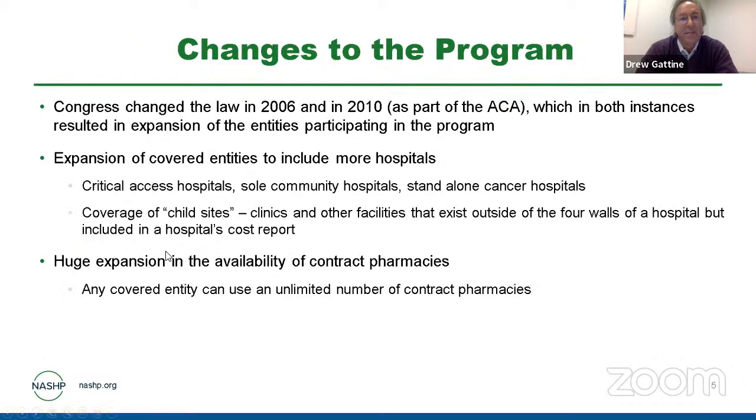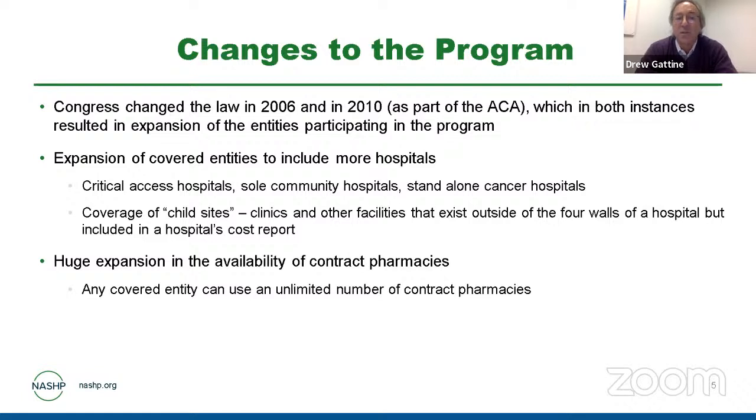Next one, please. So the program changed a couple of times, at least in 2006 and as part of the ACA in 2010. And in both instances, these changes resulted in the expansion of the businesses and entities participating in the program. One big expansion was covered entities to include more types of hospitals instead of just disproportionate share hospitals.